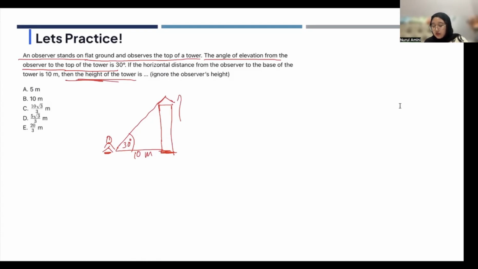This is the height of the tower, I will use x, so we will find x. The x is called the opposite side, and the 10 meters is called the adjacent side.